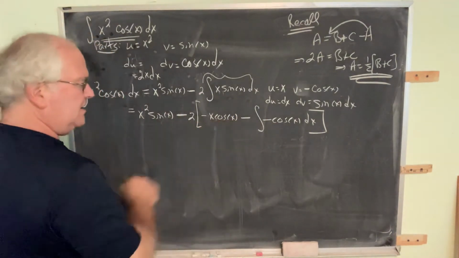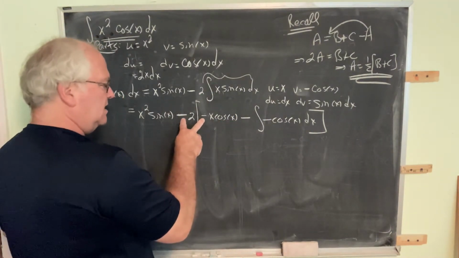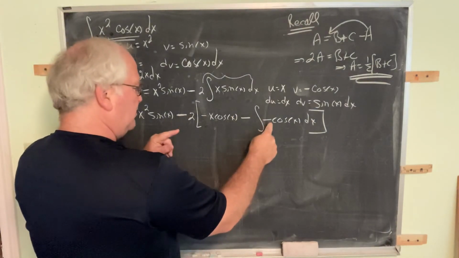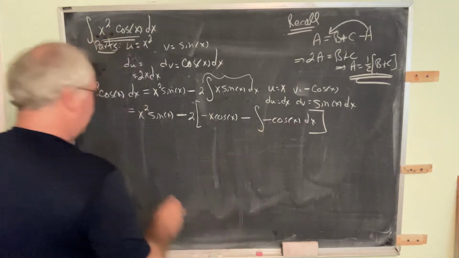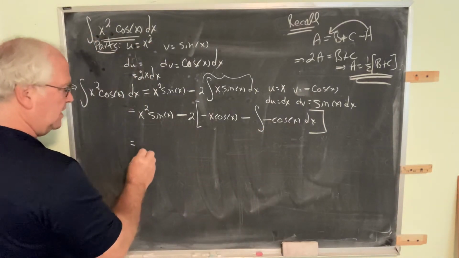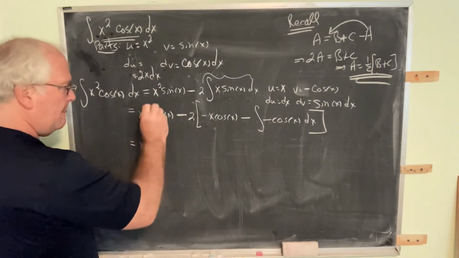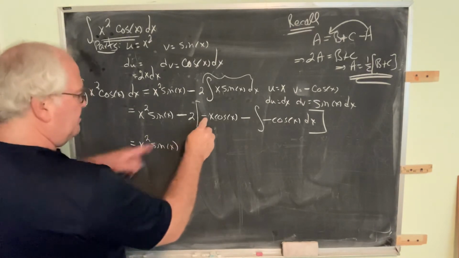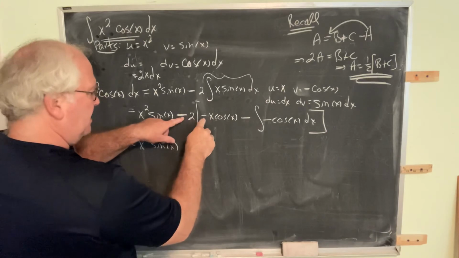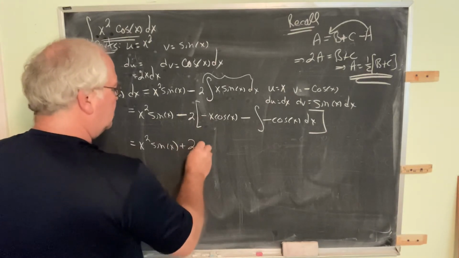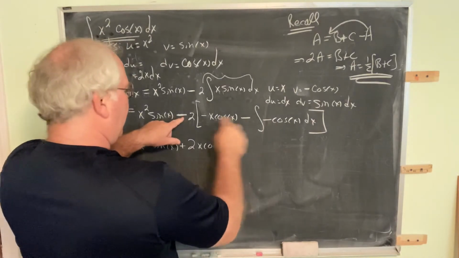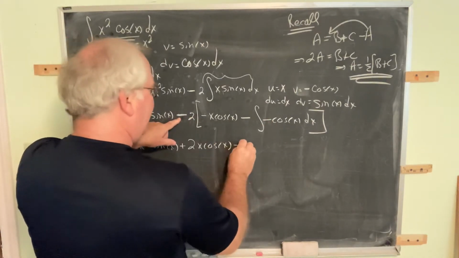We got negative signs galore here. These are going to cancel, but this one remains. And so if we put this all together, distribute this minus 2. This becomes plus 2x cosine of x. This becomes minus; negative, negative, negative is still negative.